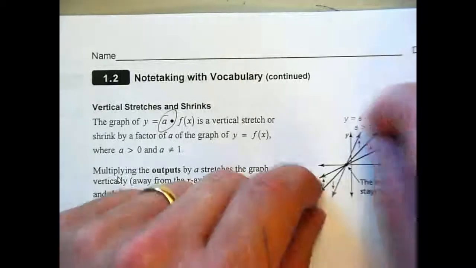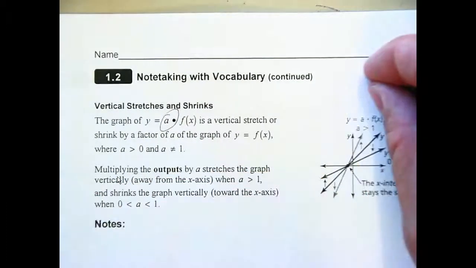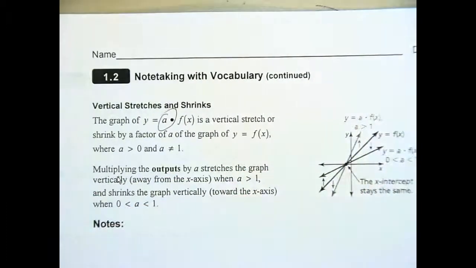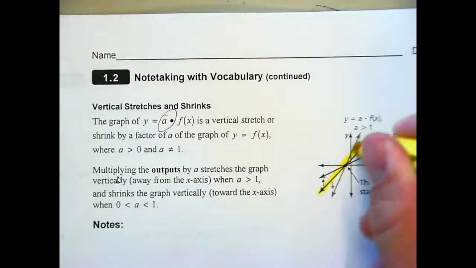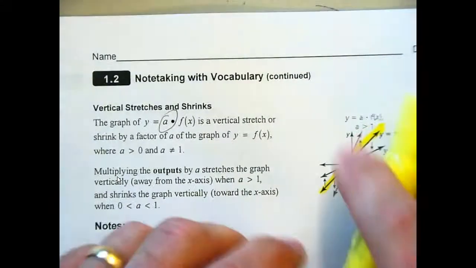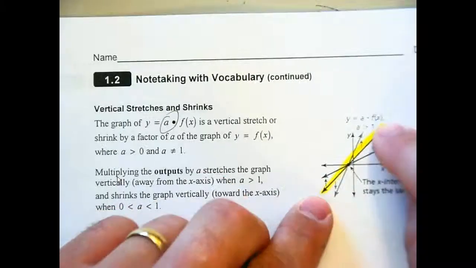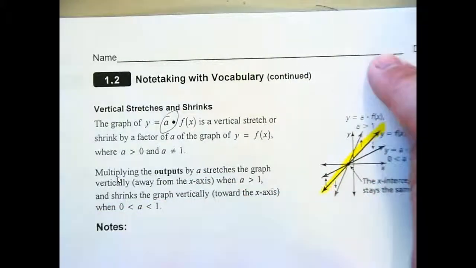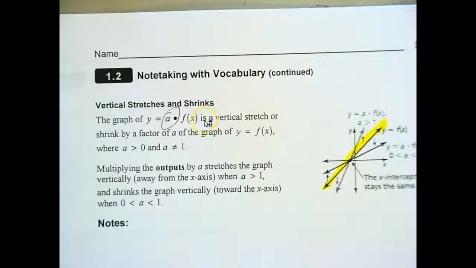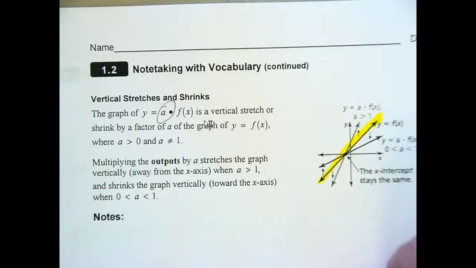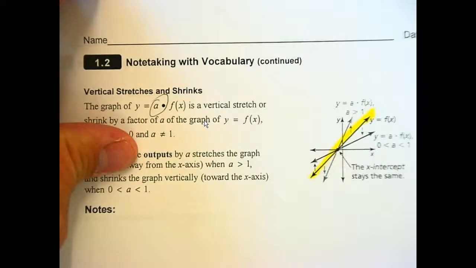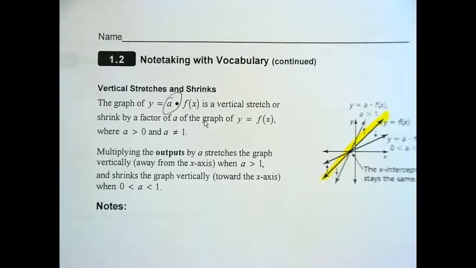Okay, so if I'm doing a stretch, I'm pulling it away from the x-axis, whereas if I'm doing a shrink, I'm pushing it towards the x-axis. So I'm taking that line and either pushing it downwards towards it or pulling it away from it. Kind of weird, I know. The horizontal stretches and shrinks, the vertical stretch. Vertical isn't as bad. Horizontal will get really weird.